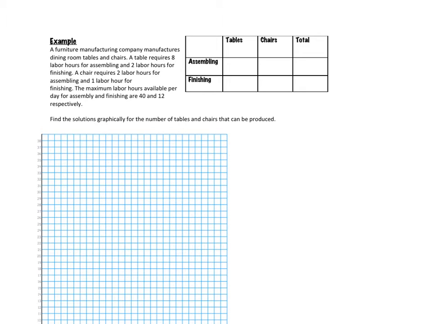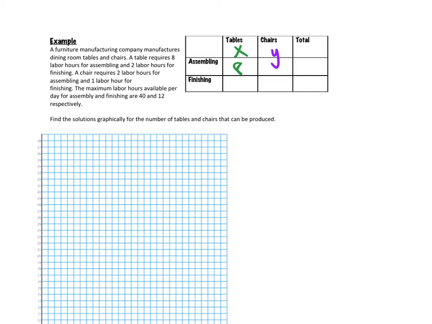So we know that our variables are a table, x, and a chair, y. And each one has an assembling and a finishing labor factor. So for a table, it requires 8 hours to assemble, right?